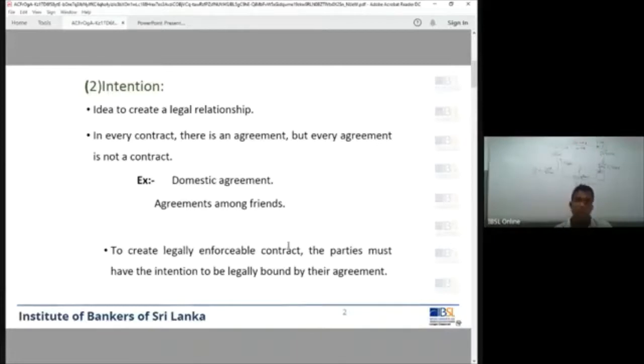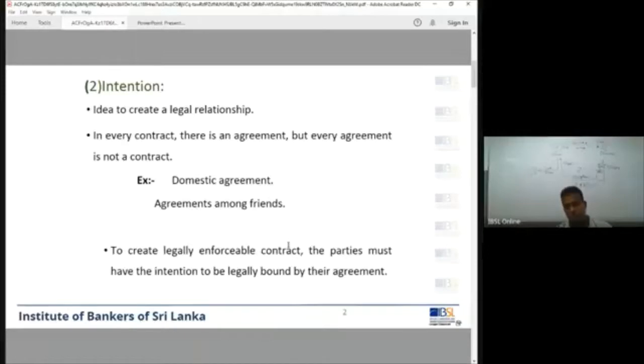There are agreements, so there are offers and acceptance between people, but they don't have the intention to create a legal relationship or legal contract. For example, domestic agreements or domestic arrangements, right?